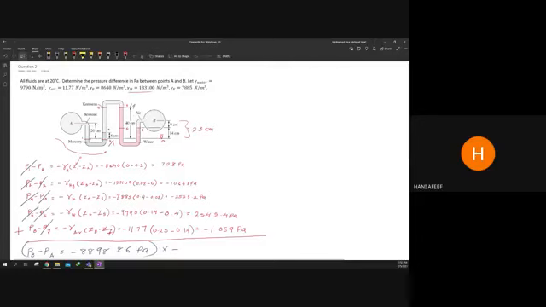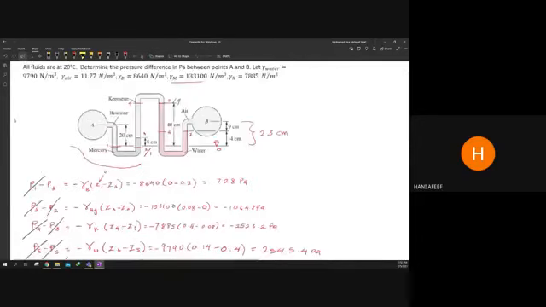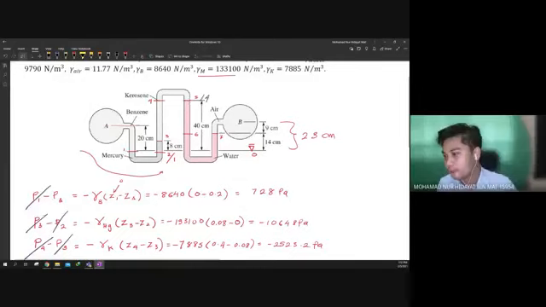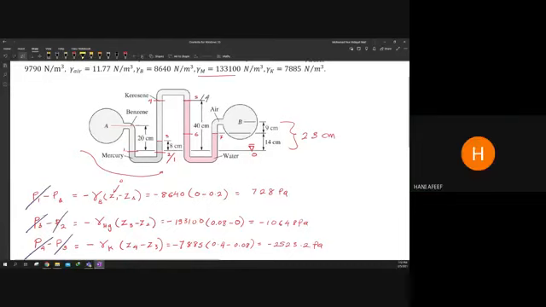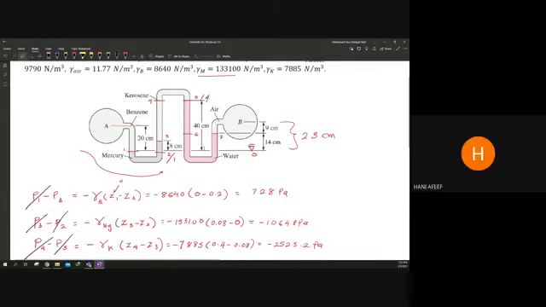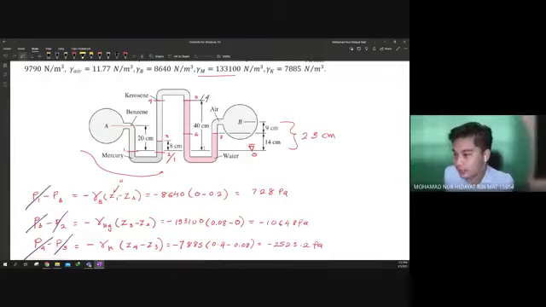Then I neglect the bottom side. Then I go from the reference line to 7. Oh, okay, so it is okay. It is the same thing with 6.